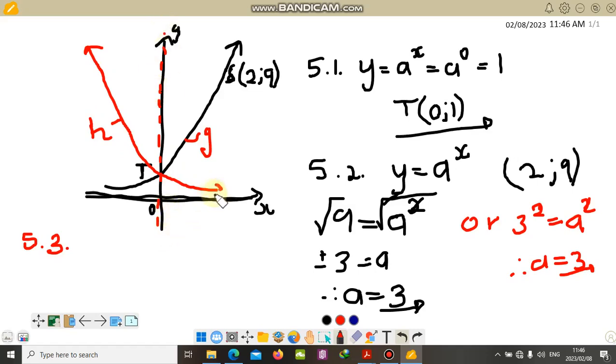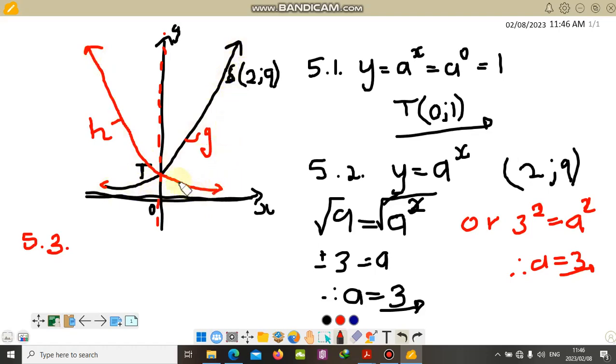What do we know, guys, about a graph like this? How different is it? This one is a to the power of x.